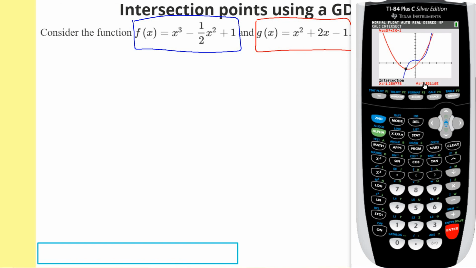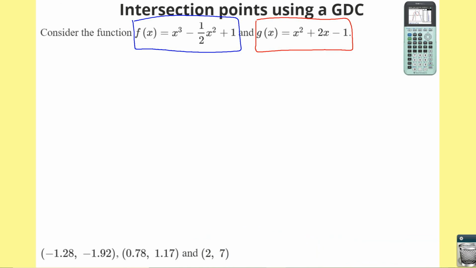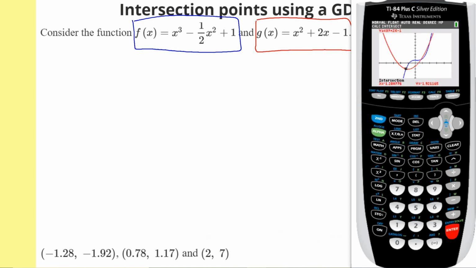All right, so we get this as one of our intersection points: -1.28, -1.92. Then you do it here for that intersection and for this intersection. So if you do it for all three, you should get these points. Okay, and you can see that was the first one we got.